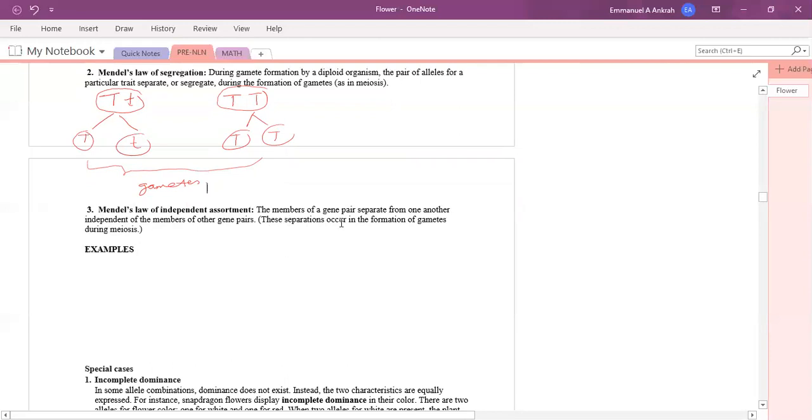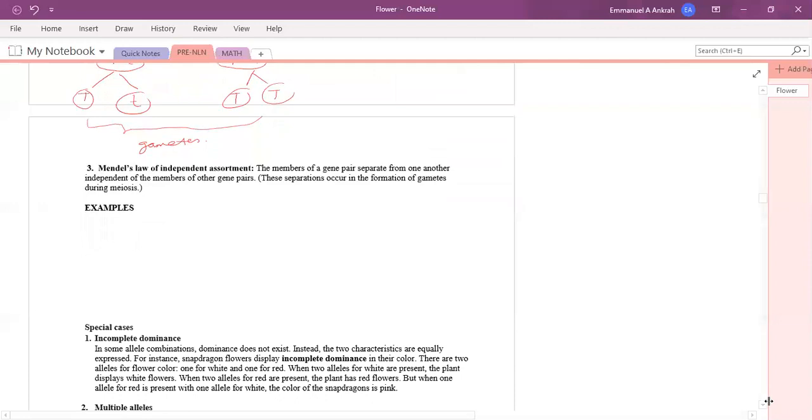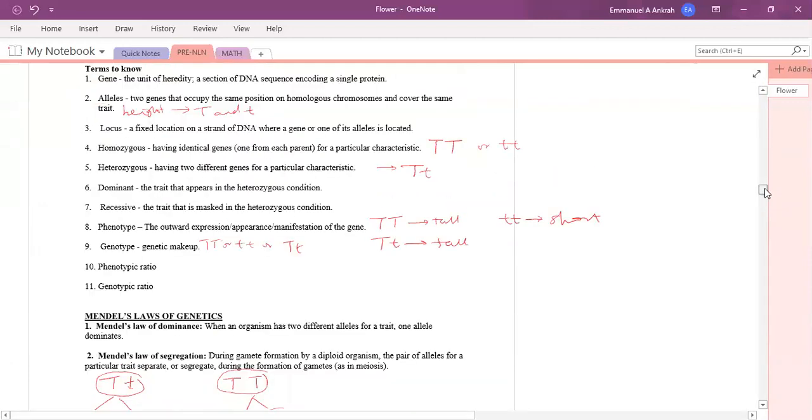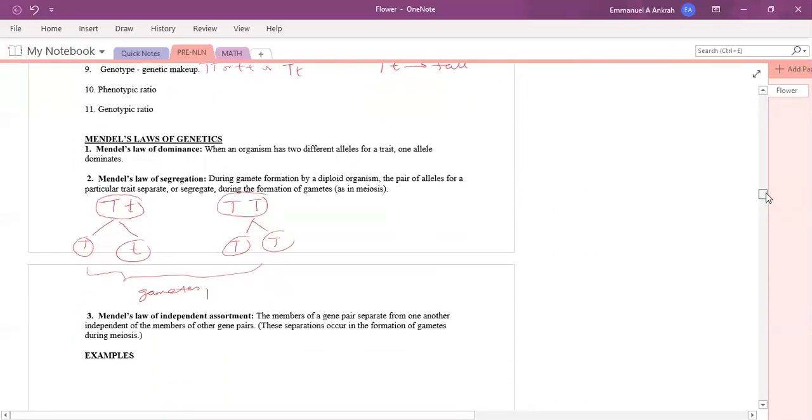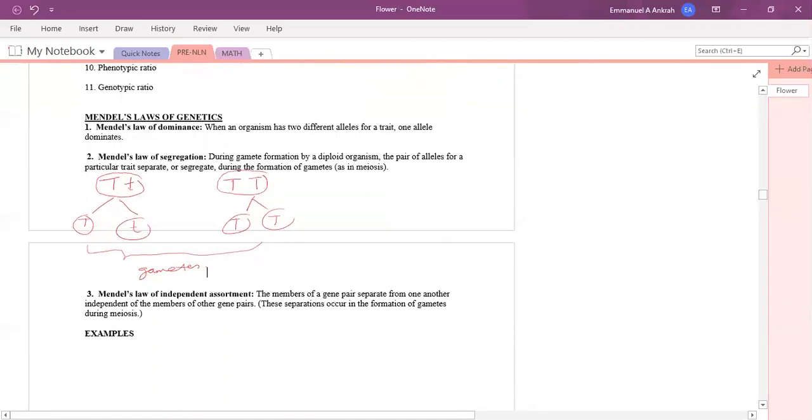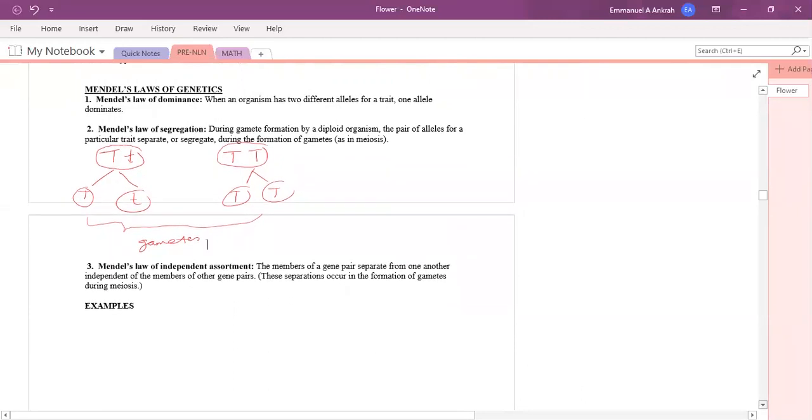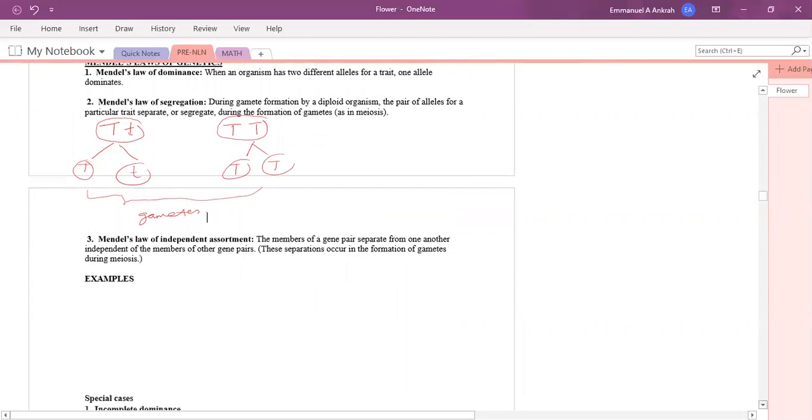These separations occur in the formation of gametes during meiosis, so it's randomly processed. Then they combine randomly. This can combine with that, this can combine with that, and so on. Random combination, or assortment.